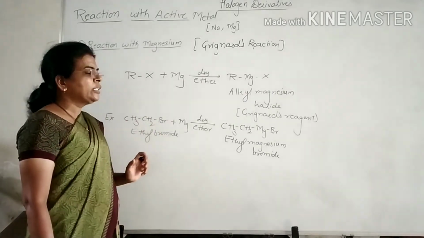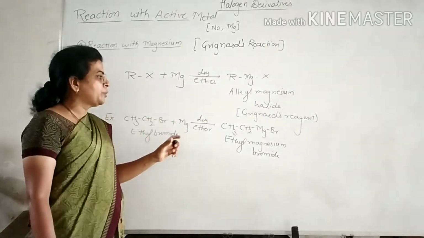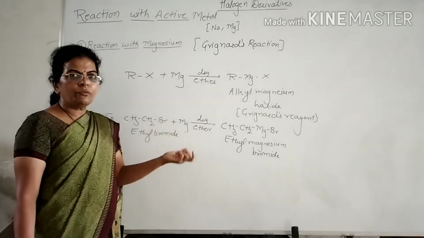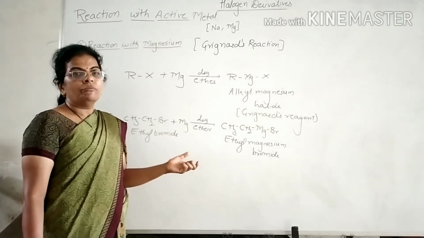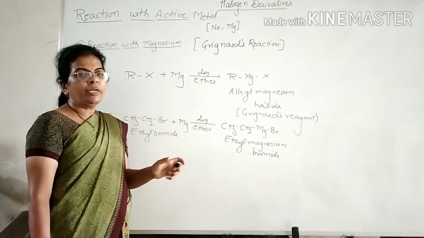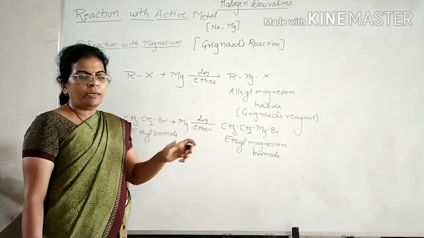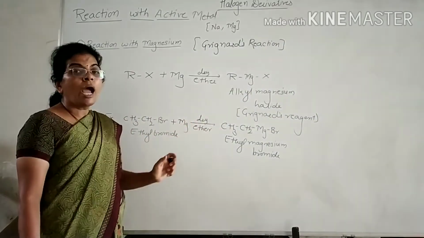Now this Grignard's reagent is a very reactive substance, and when it reacts with any compound which contains a hydrogen atom attached to an electronegative group or atom, then it forms hydrocarbons.